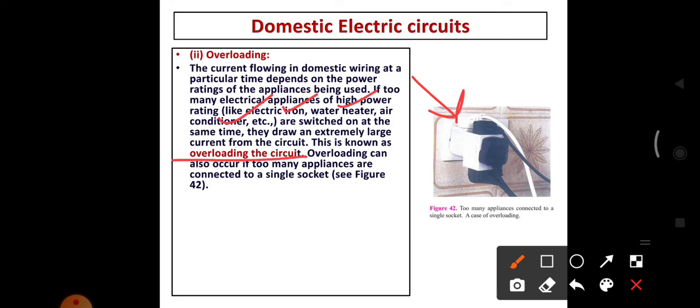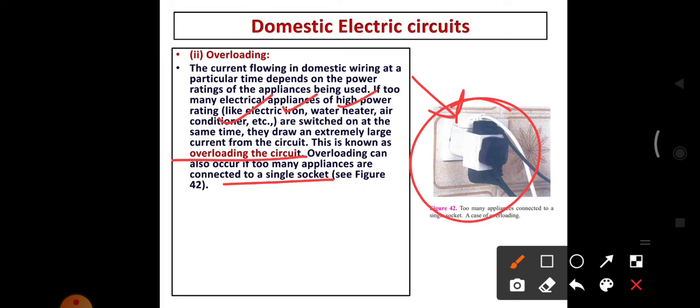So when we are using or connecting the high power appliances at the same time, they draw more current from this electric circuit. This is known as overloading the circuit. Overloading can also occur when too many appliances are connected to a single socket. See here, nearly 4 appliances are connected to a single socket.